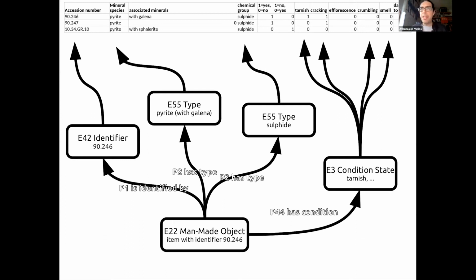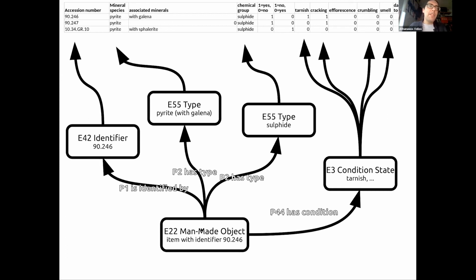Well, somebody would say they are because they didn't exist in a museum. Somebody went to a cave, broke it off, took it with them, and that event was enough to make it man-made. Okay, we can talk about that later. But the point is that each line in that spreadsheet is a separate man-made object. Yeah, it's the item that has an identifier, blah, blah, blah.